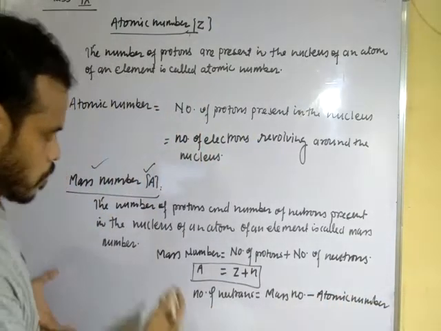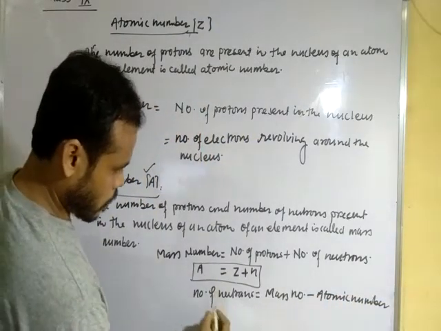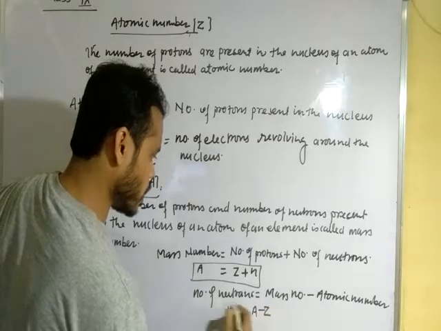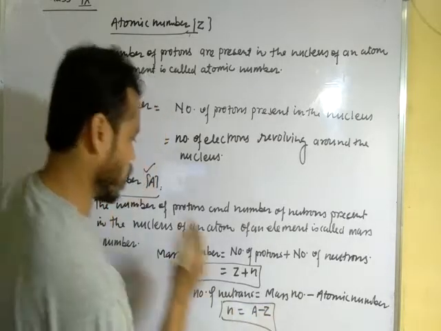Dear student, simply written in letters, n is equal to A minus Z. This is another formula.